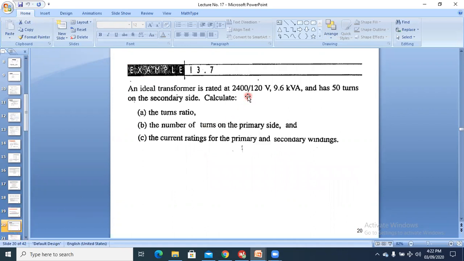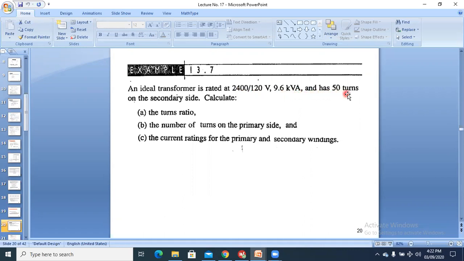Now we have an ideal transformer with the rating 2400 by 120 volt. It means that V1 is 2400 and V2 is 120 volt. The rating is 9.6 kVA, and that rating will not change for the primary and secondary side.